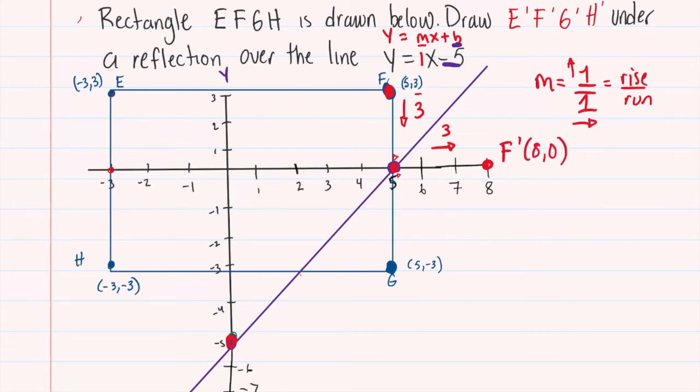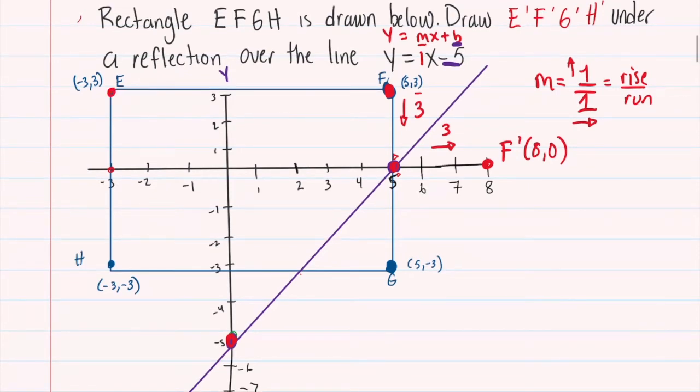Our second one, how about we do E? E is -3, 3. Let's go to the same point. So we go 3 down, right? Because we're at 3, we're touching here. And how many to get to 5? Well, that's 1, 2, 3, and then 5 more. That will be 8, right? So that's 8 to the right.